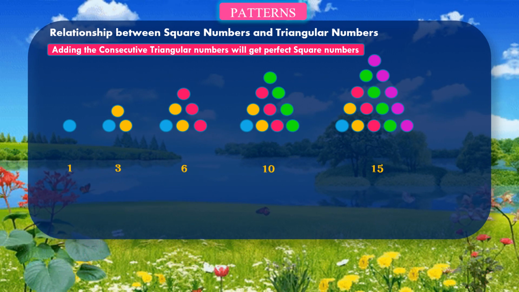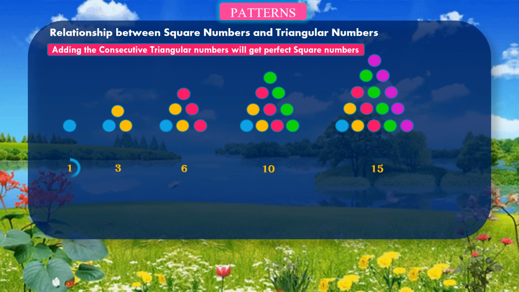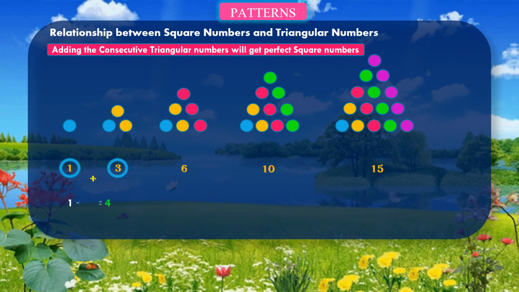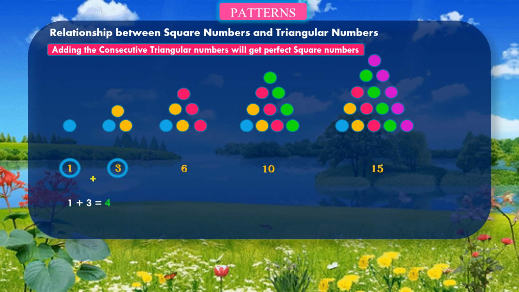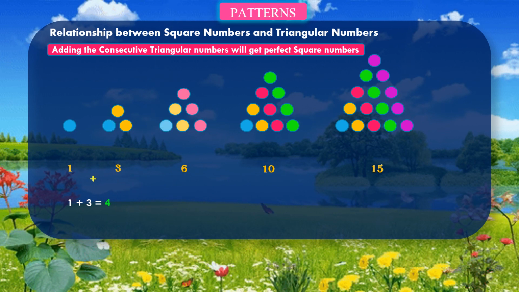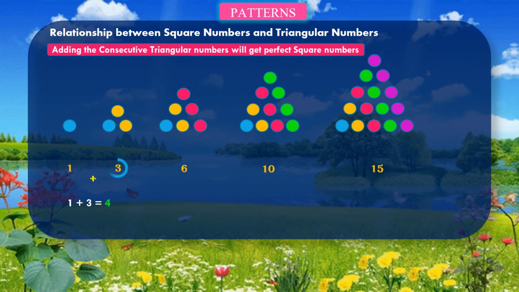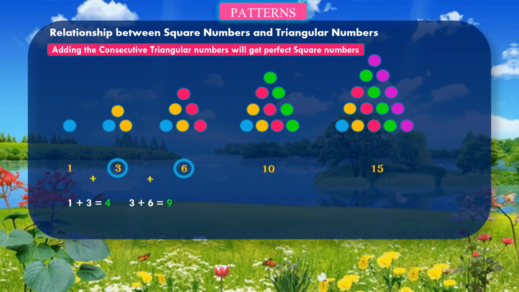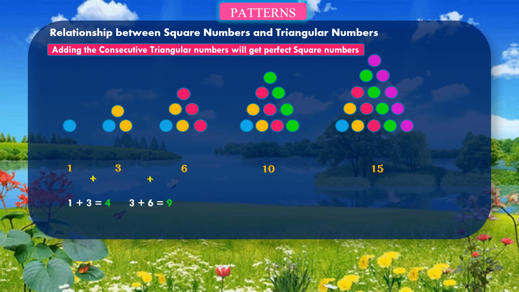First, we add 1 and 3. That is 1 plus 3 is equal to 4. Then we add 3 and 6. That is 3 plus 6 is equal to 9.